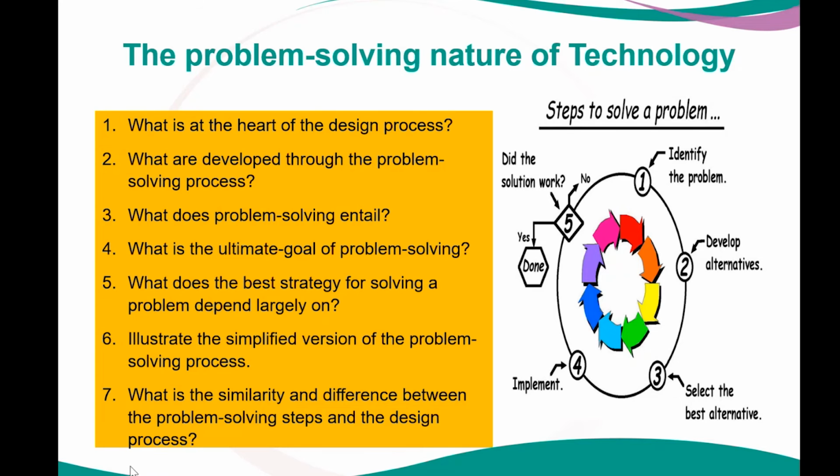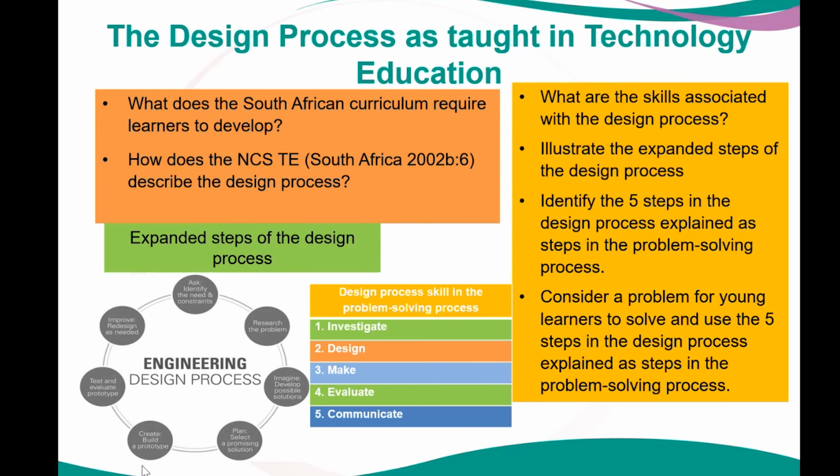You need to go through this unit well in order to notice that the design process has expanded steps, and it has steps explained as the steps in the problem solving process, which is important for you to also note so that you use the correct steps within your assignment and exam.